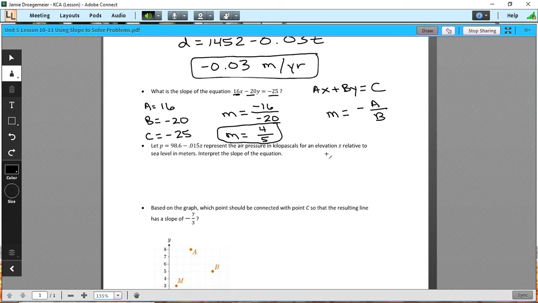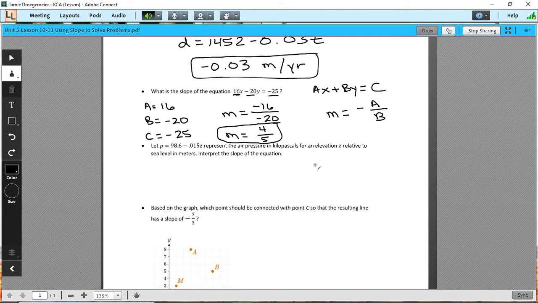And z is going to be the elevation relative to the sea in meters. So your meters above sea level, basically, or above or below. And we want to interpret the slope of the equation.